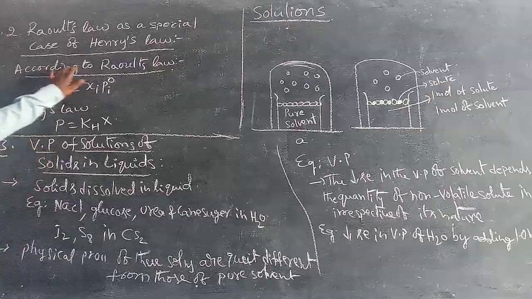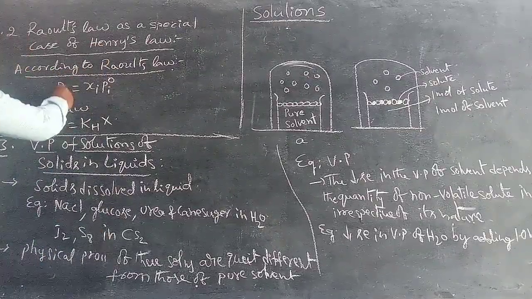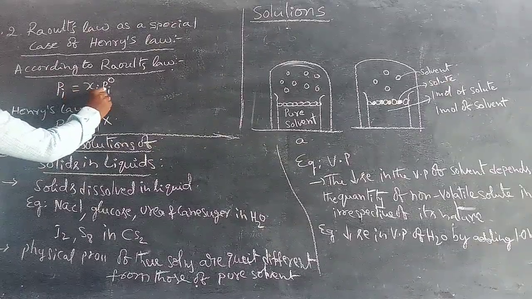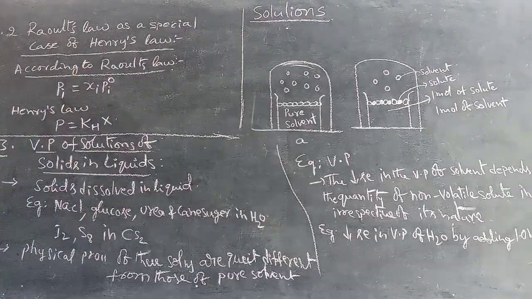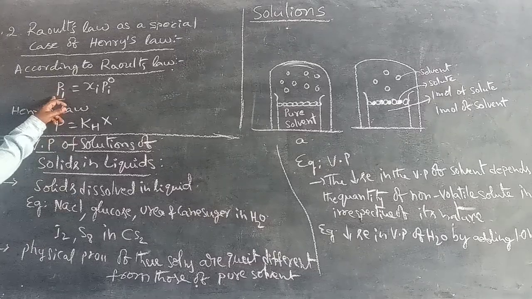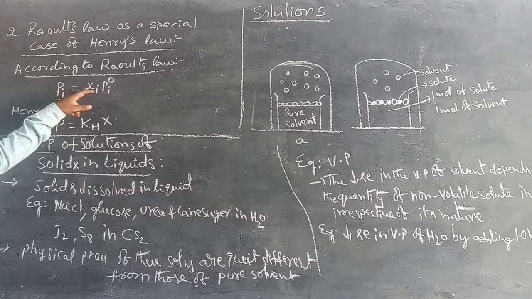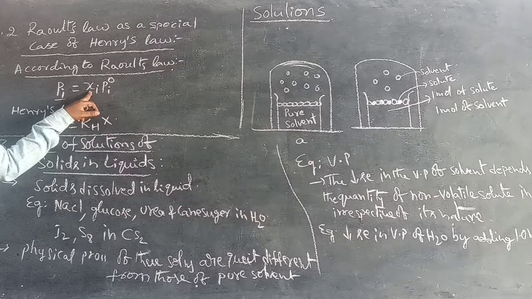According to Raoult's law, Pi equals Xi Pi naught. Here Pi is the partial vapor pressure of component i, and Xi is the mole fraction of component i.